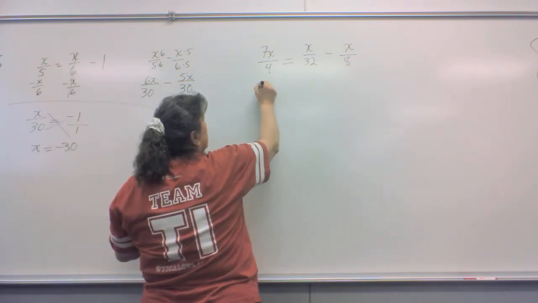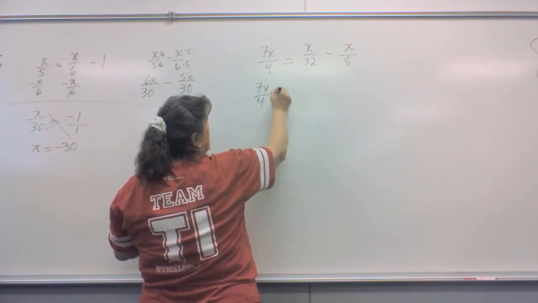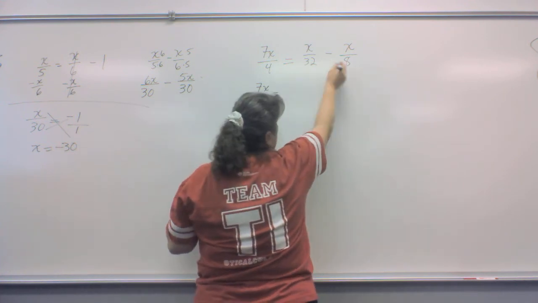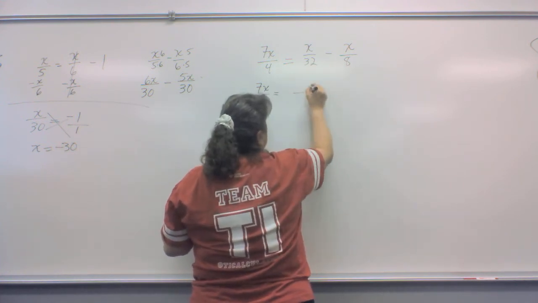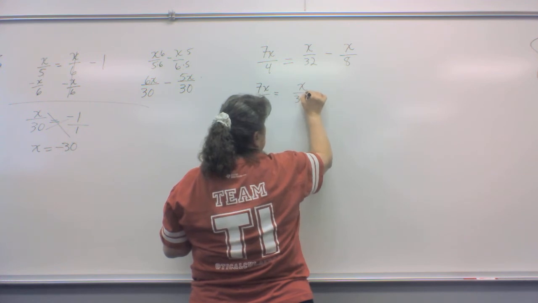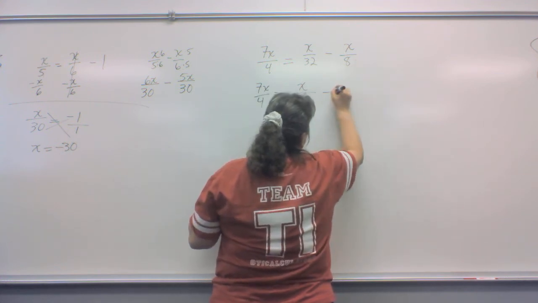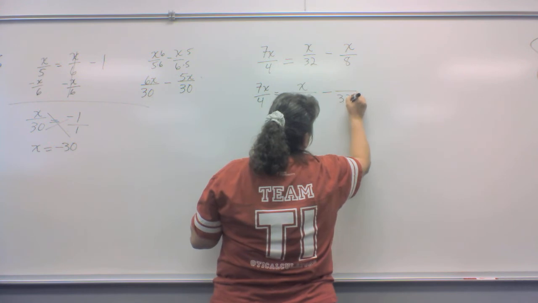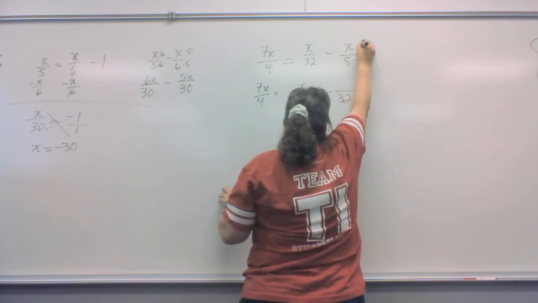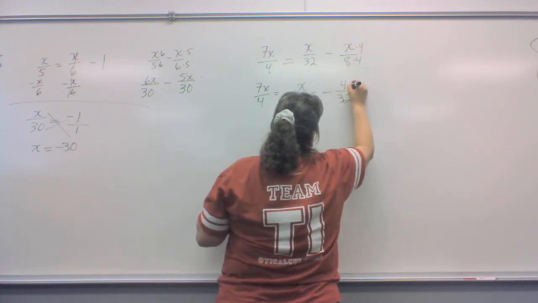So 7x over 4 isn't going to change, but this one will. 8 goes into 32, so my x over 32 will not change, but this one, to become a 32, is going to require a multiplication by 4, making 4x.